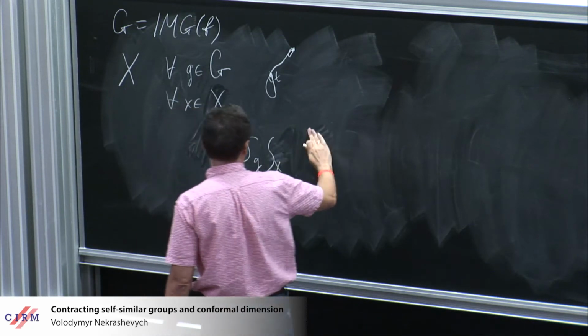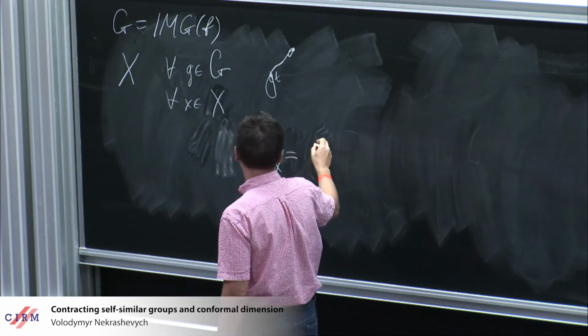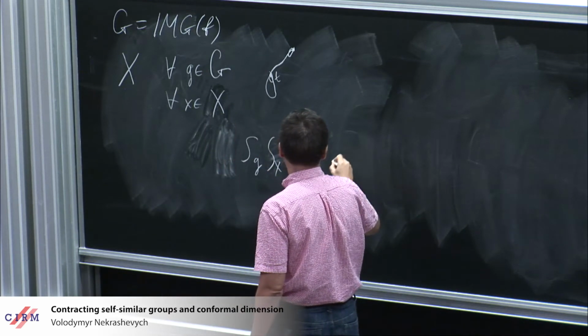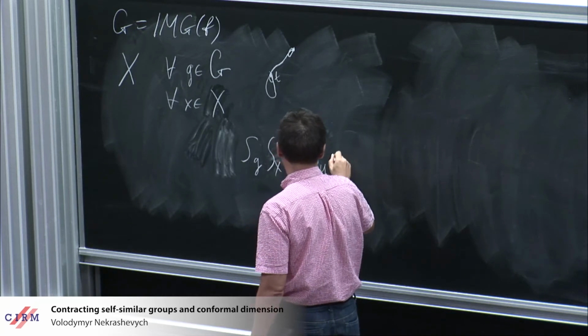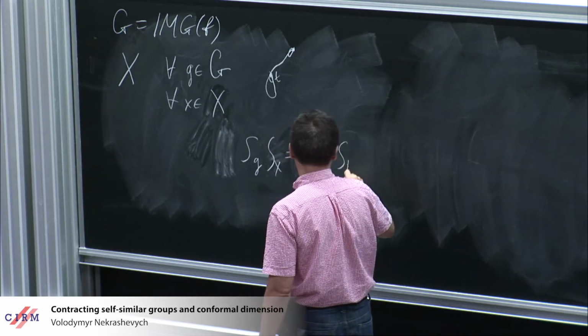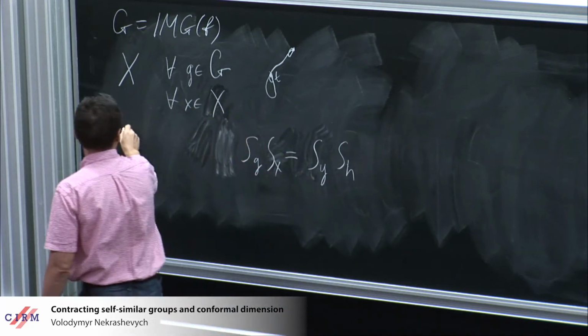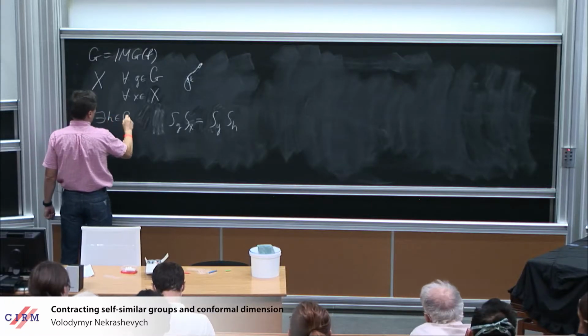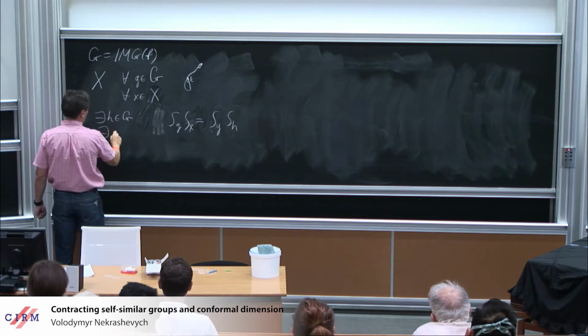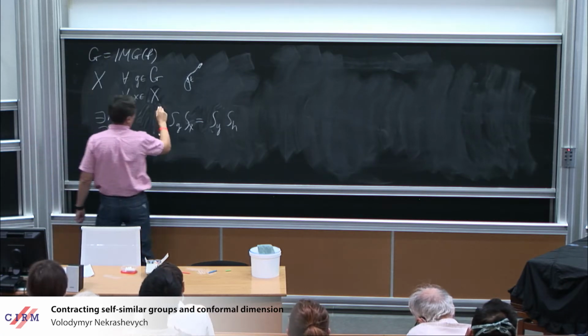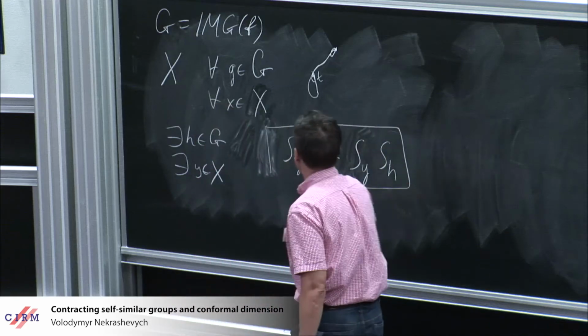If you apply Sx and then Sg, that will be the same as applying some Sy and then Sh. So for all g and x, there will exist h in G and y in X, such that the following relation holds in our semigroup.